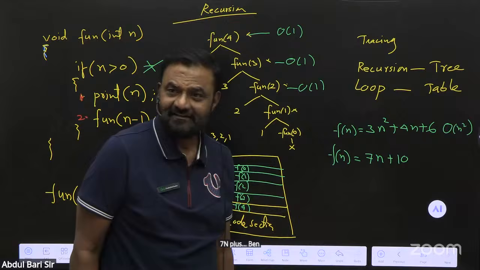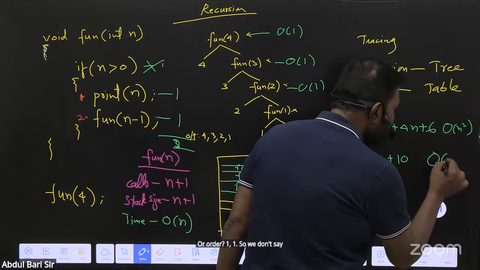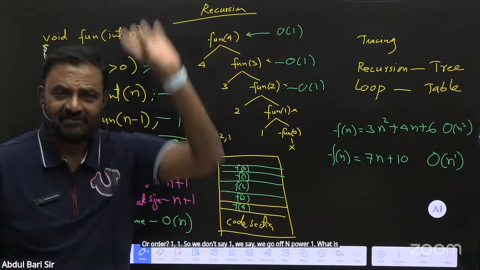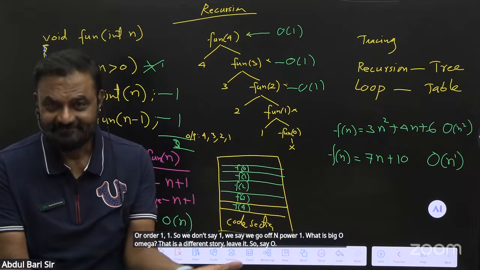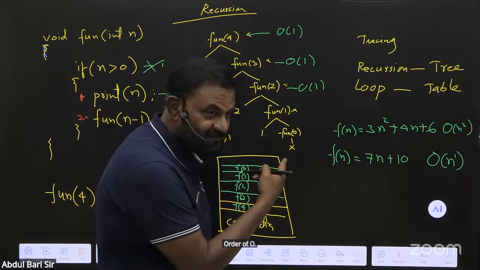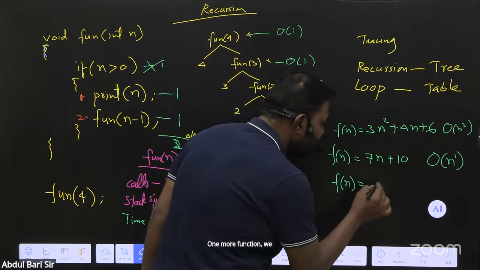What is the degree, or order? 1. So we don't say 1, we say big O of n power 1. What is big omega? That is a different story. Leave it. Following till here?